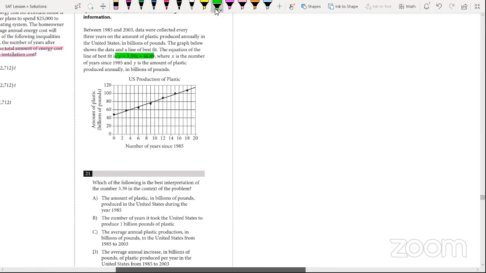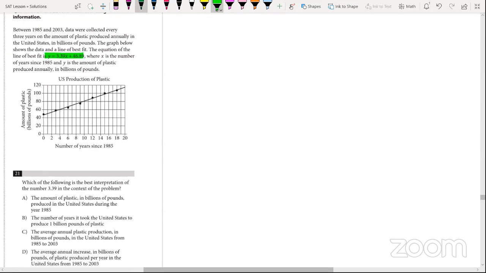It's something in a nice y equals mx plus b format. So y equals 3.39x plus 46.89. So they're asking us what's the 3.39, and that is the slope.